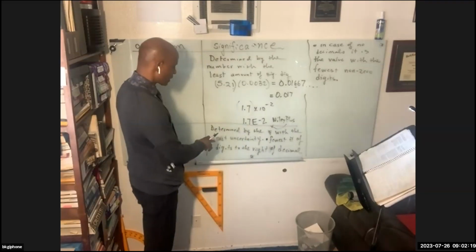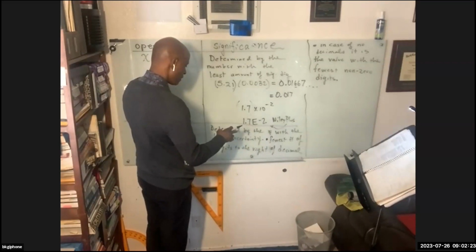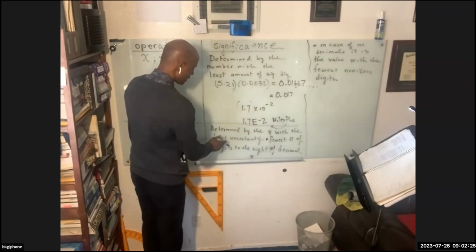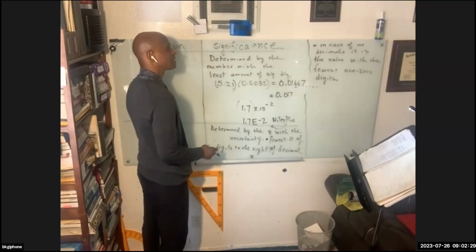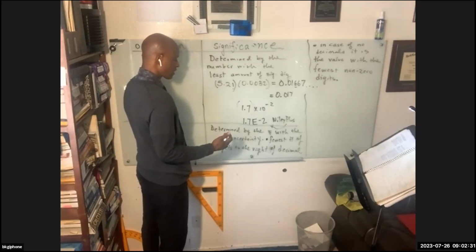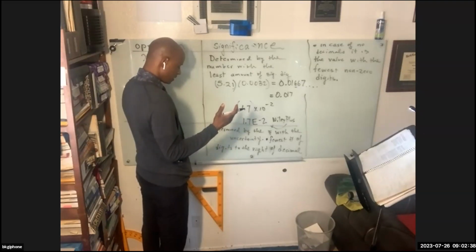And I think I have a double negative here. It's determined by the number with the least certain amount, or the highest uncertainty. Highest uncertainty, right? I don't know why this always trips me up.